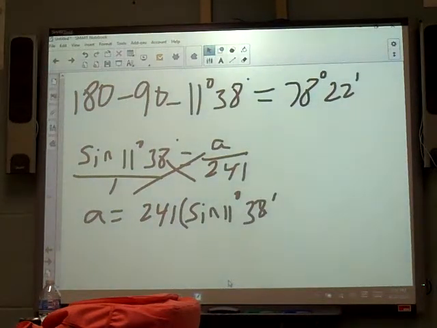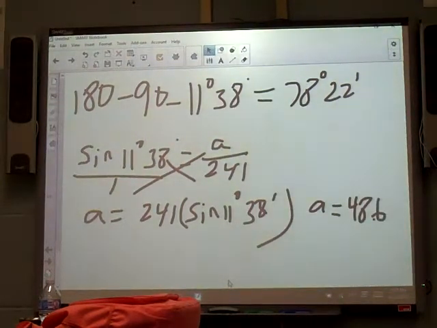This is the one I was thinking about earlier. This one sets up easier because you don't even have to divide on it. It's just a multiplication problem straight across. That ends up being about 48.6. So A would be about 48.6. Looking at choice C and D, it's got to be C, right?